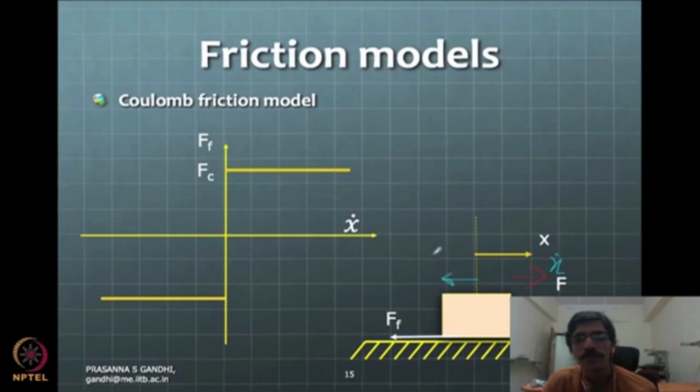The friction will occur in the direction opposite to the direction of x dot. If x dot is moving in this direction, the friction will be in the opposite direction. If x dot is moving in the other direction, friction will be opposite to that direction. That's how you need to capture the friction in the equation.